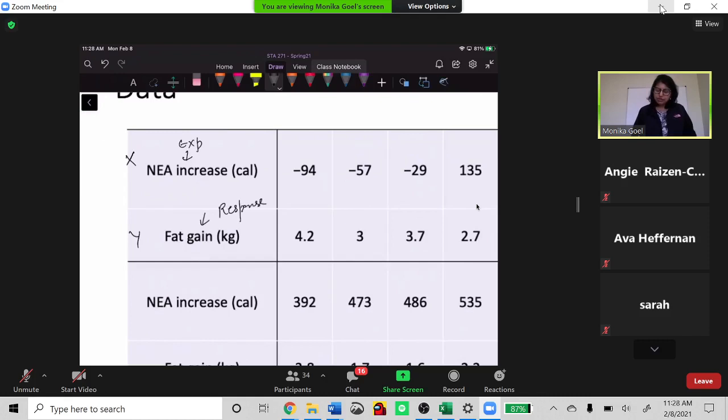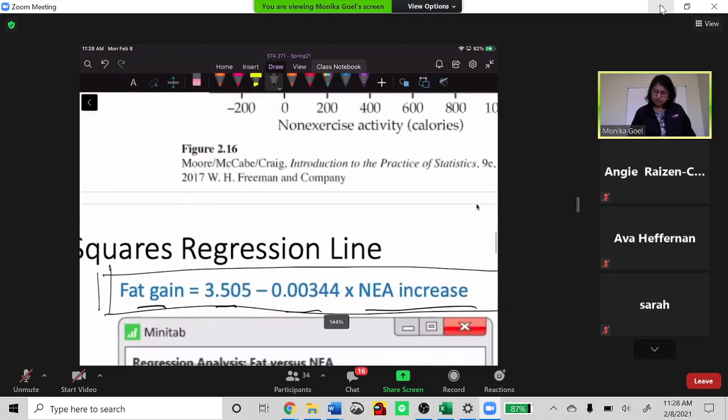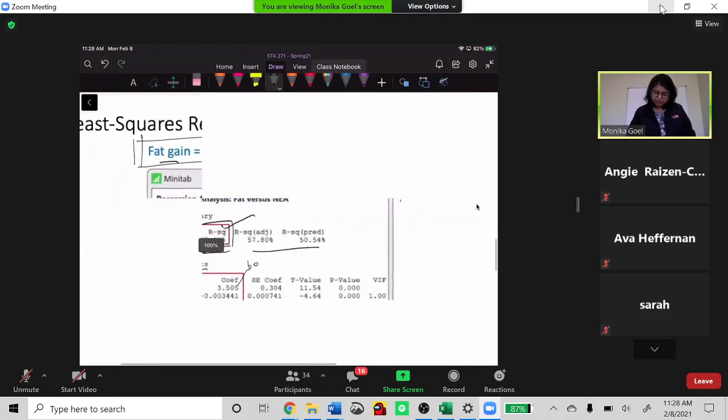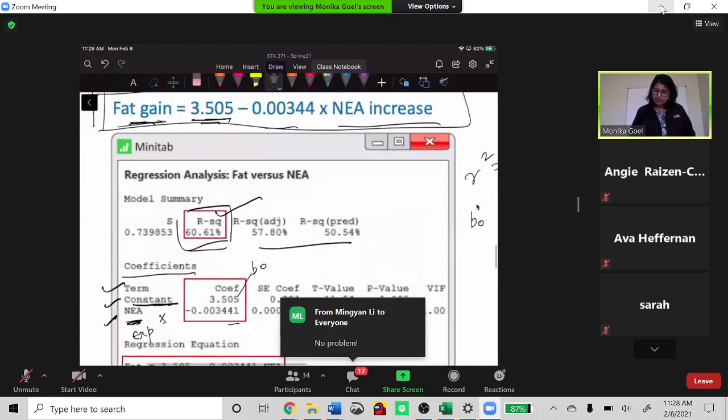So my response is this. I'm looking for fat gain. If you look at this equation, fat gain is your Y hat, this is your B0, and this is your B1. And instead of writing X, I'm writing my explanatory variable, NEA increase.